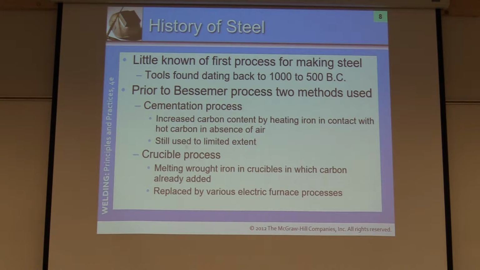The crucible process eventually came to be used chiefly for making special steels. The cementation process was highly developed and was also used extensively in England during the 18th and 19th centuries. This process is still used to a limited extent. The crucible process has been replaced by the various electric furnace processes for making special alloy steels and carbon tool steels. Okay?